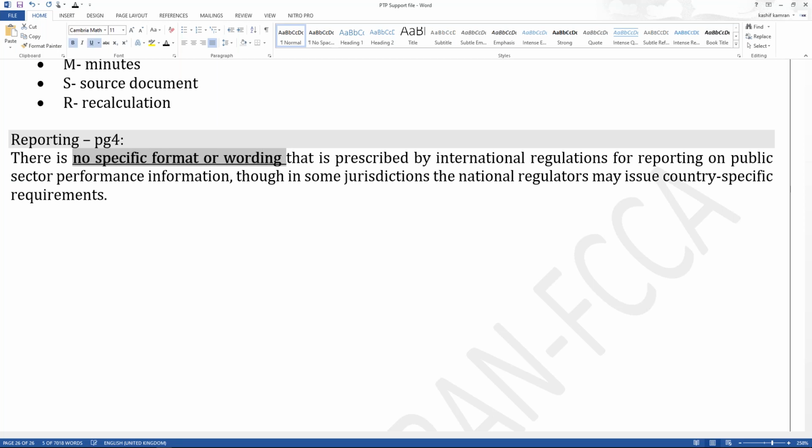Just like forensic yesterday, even a forensic report does not have the ideal structure and format. So should you consult management on what sort of format or wording they need, to find clarity on the format and wording? So there is no specific format or wording.